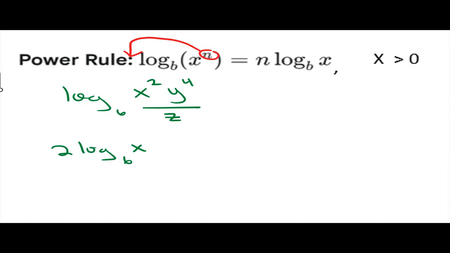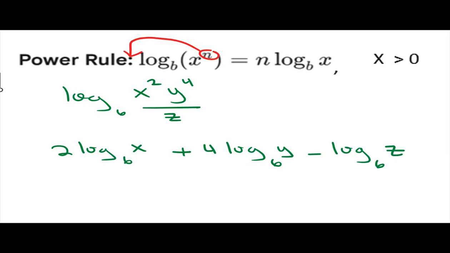So you notice this 2, the exponent for the x, gets moved to the front of the log. So this 2 is multiplying with this log now. And then I have plus 4 log base 6 of y. You notice both of these logs are positive because the x and the y are in the numerator. But the z is in the denominator, so I need to have a negative, and then I have log base 6 of z.